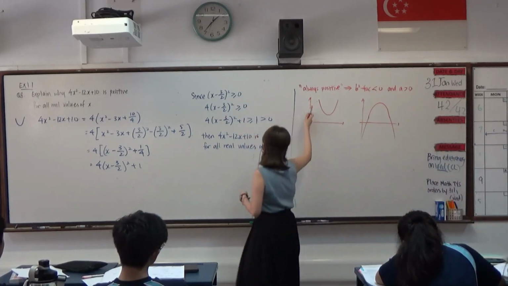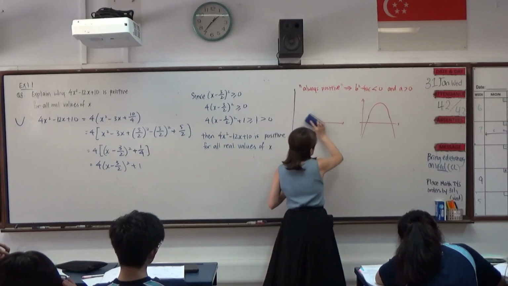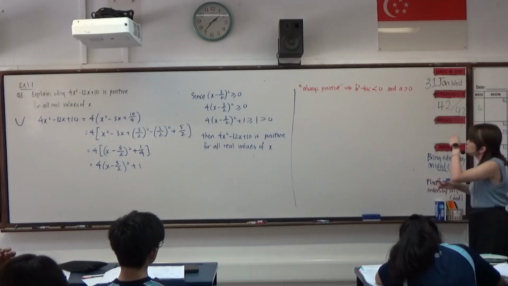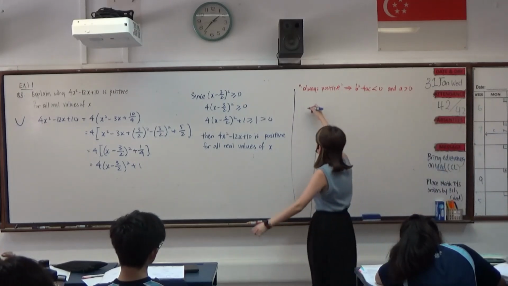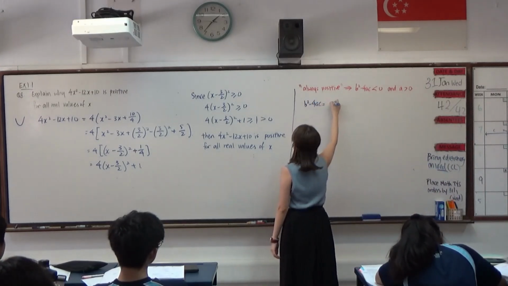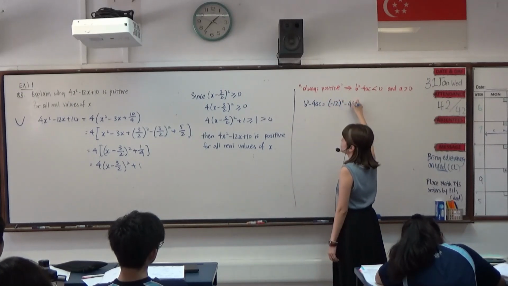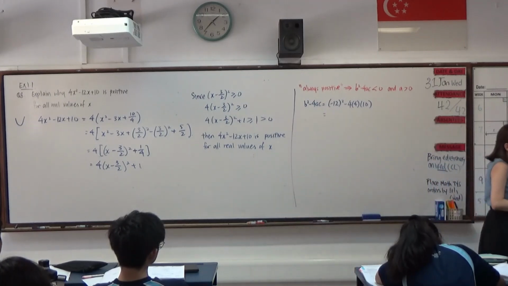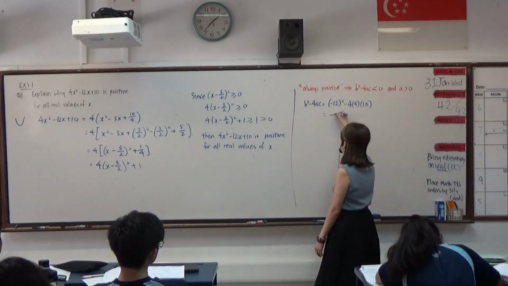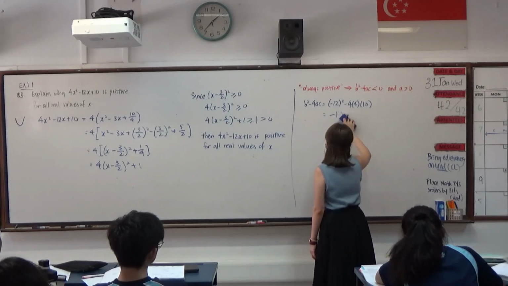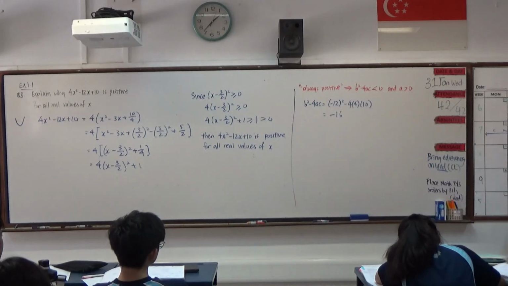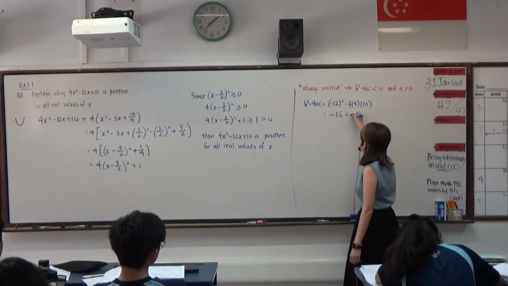To answer this question in an alternative manner, we find the discriminant. 144 minus 160, that is negative 16. And this is less than 0.